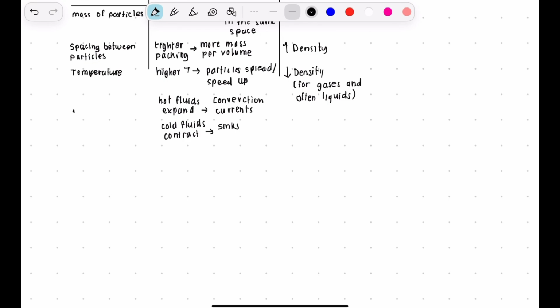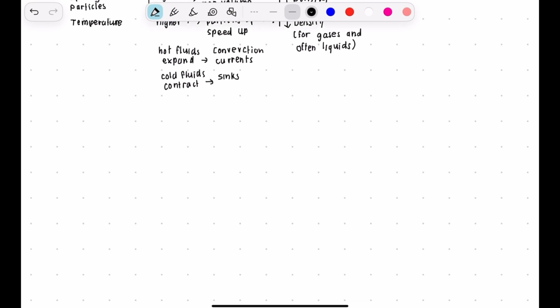Now, let's move on to some critical volume relationships for common shapes. You should memorize these. Oftentimes, density problems involve geometry.